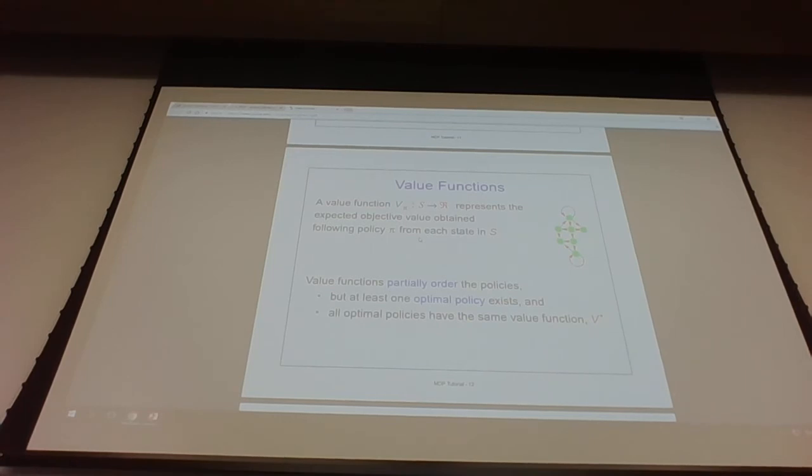What value says is that if I give you a state and I tell you to follow that policy, the policy that you came up with, then it will give you the approximate reward that you will get when you follow that policy.